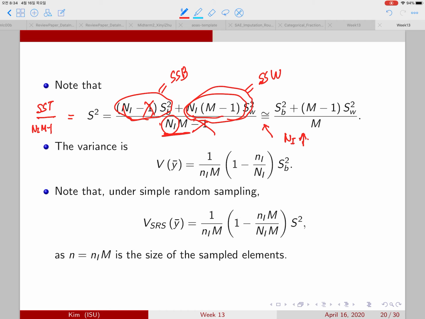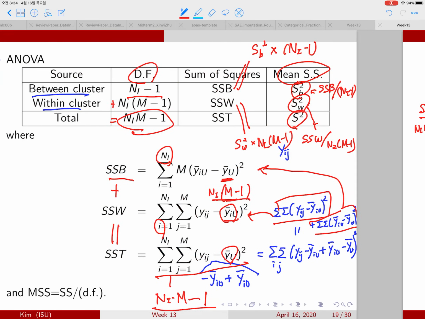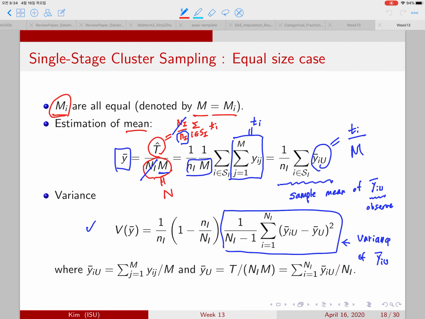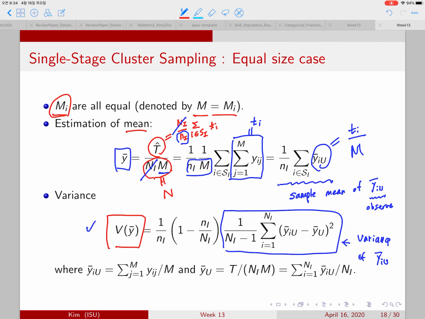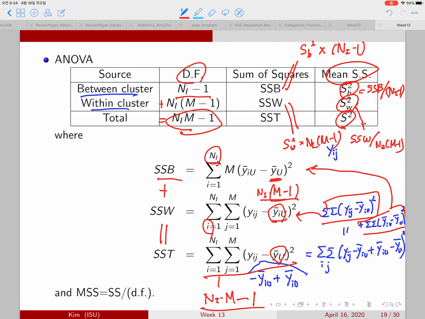The variance. So the variance of the cluster sampling, if you use this formula carefully, the key part is basically the variance between the cluster means. So it has to do with the SSB.